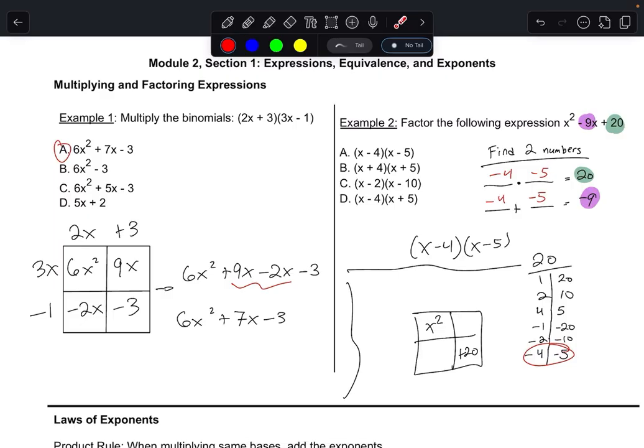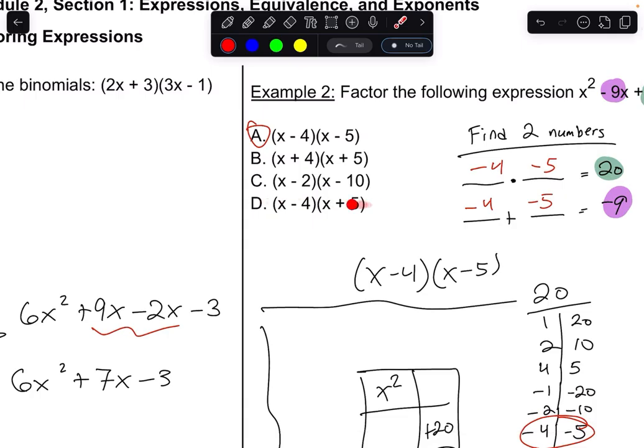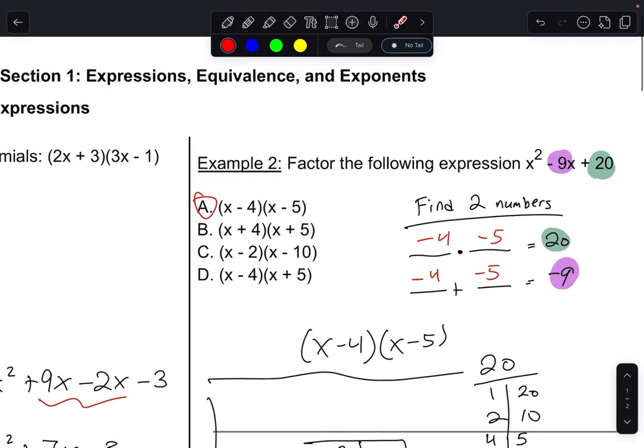I'm saying that to say this. If you struggle with factoring, here's one thing you could do. Just rely on this. It's an untimed test that has multiple choice for every single question. If you multiply these two out using your box, using your FOIL, using your whatever, and it doesn't work out to be x squared minus 9x plus 20, that's not the answer. Same thing here.